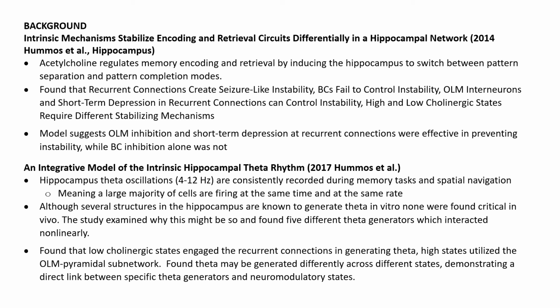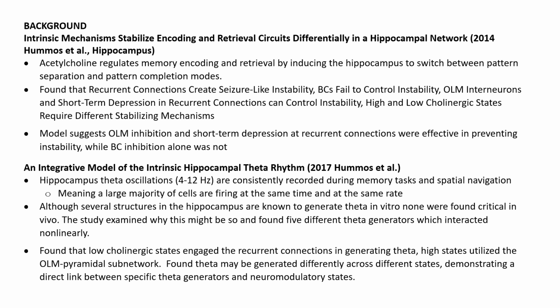Inhibitory OLM cells and CA3, along with short-term depression in CA3 to CA3 synapses, play an important role in controlling stability, and high and low cholinergic states, which is the level of acetylcholine, require different stabilizing mechanisms to control the runaway excitation.